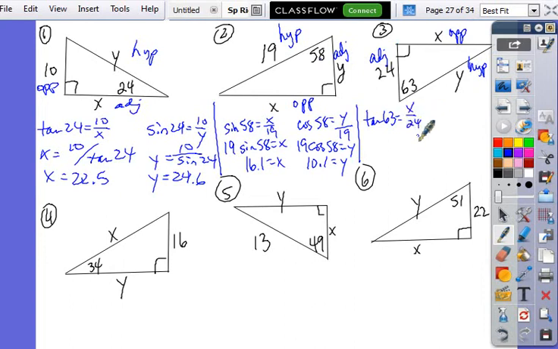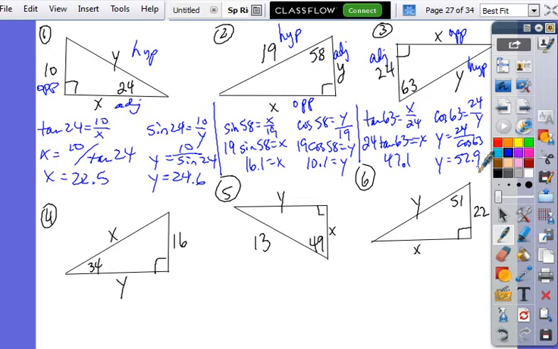Number in the bottom, I multiply. 47.1. All right. Go to Y. If I'm looking at Y, I'm dealing with 24 and Y. Well, that's adjacent and hypotenuse, which would be cosine. So cosine of 63 would be 24 over Y. That's going to be a division problem. 24 divided by cosine 63. What do we get?